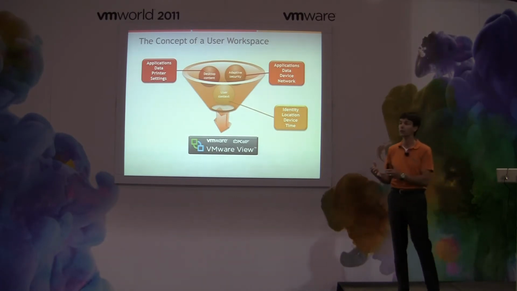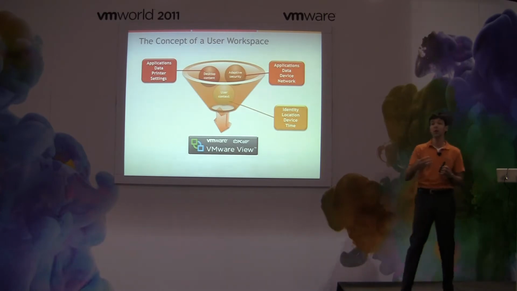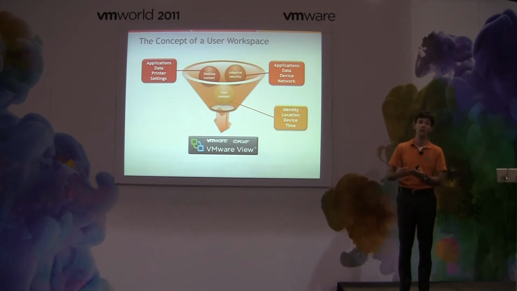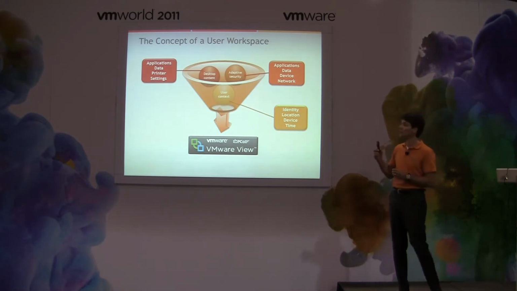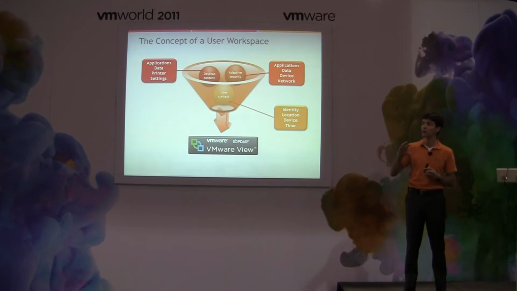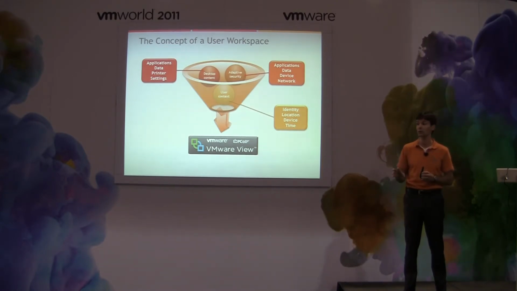Once you are aware of the context, you can now also apply security based on the same context. So the example that I gave you, that at home I'm an unsafe Bob, so at home I cannot access source code, for example. As soon as I go into the office in my secure network, different location, different context, then suddenly I do have access to a Visual Studio environment and access to my source code. So the security needs to be context aware and to restrict the workspace based on policies that count for that particular context.